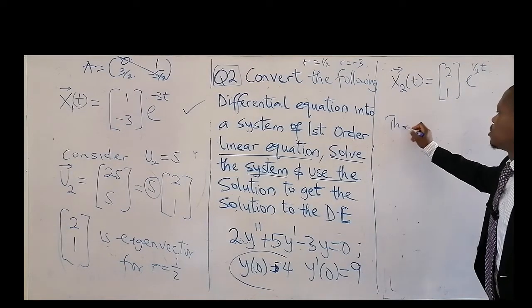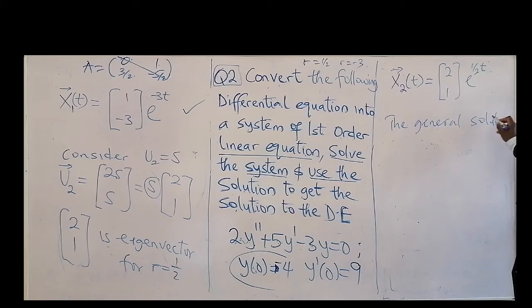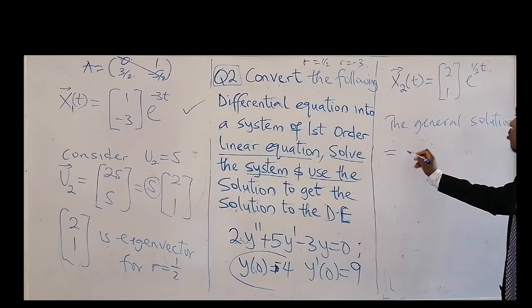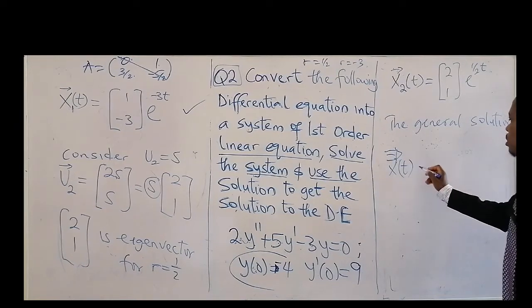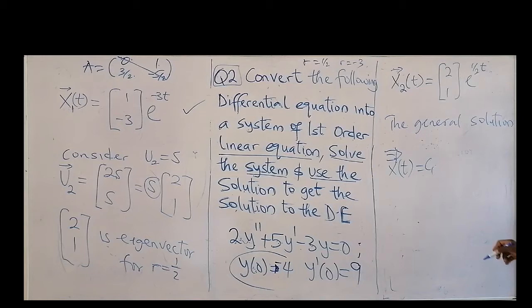So the general solution of the system will be equal to c1 times the vector 1, minus 3, exponential minus 3t, plus c2 times the vector 2, 1, exponential half t. So that's the general solution.